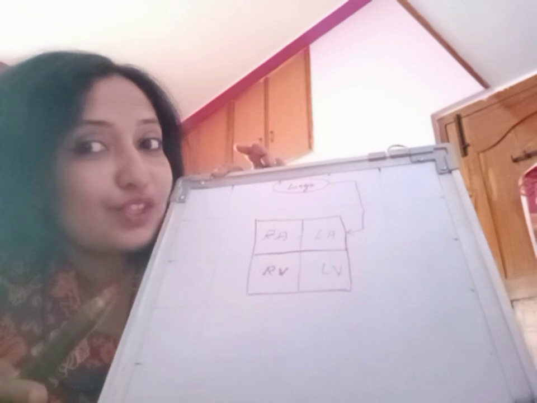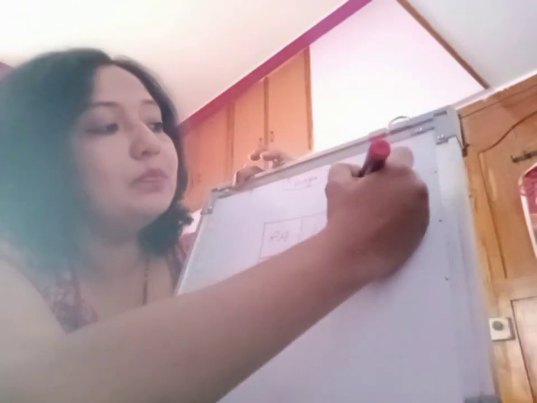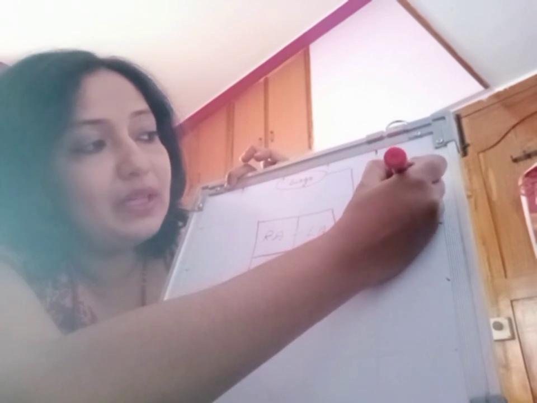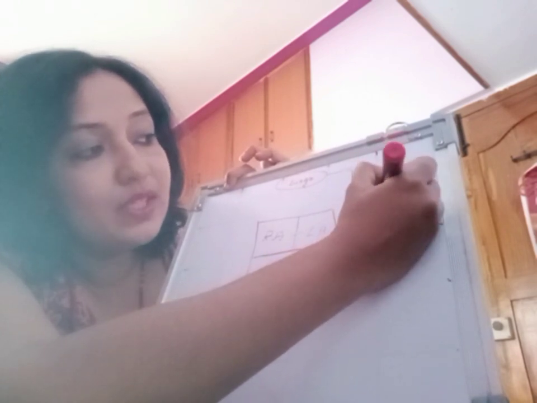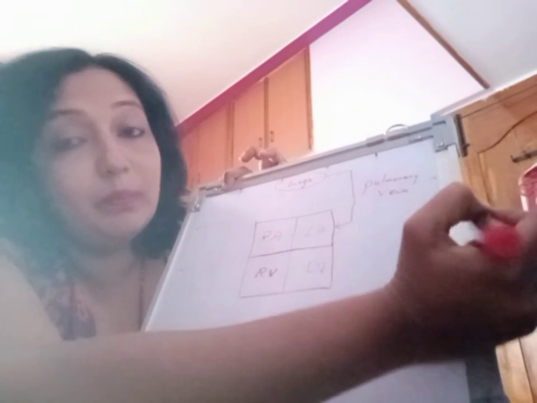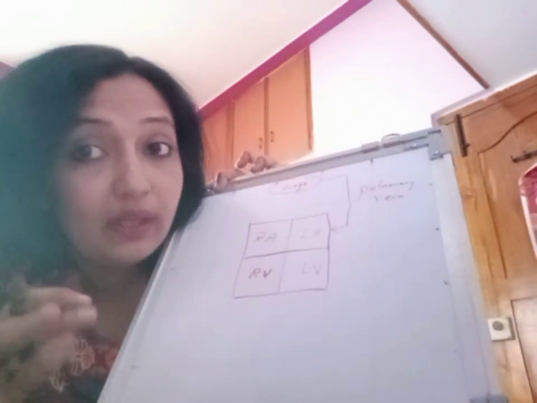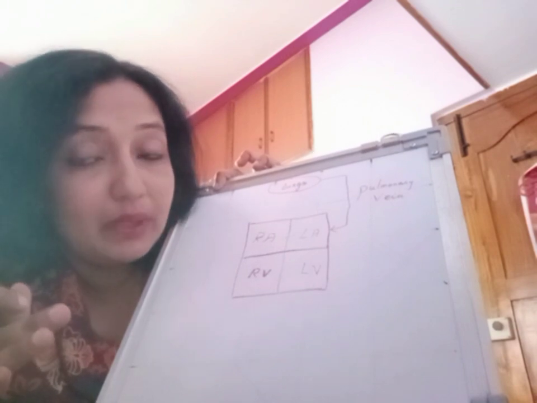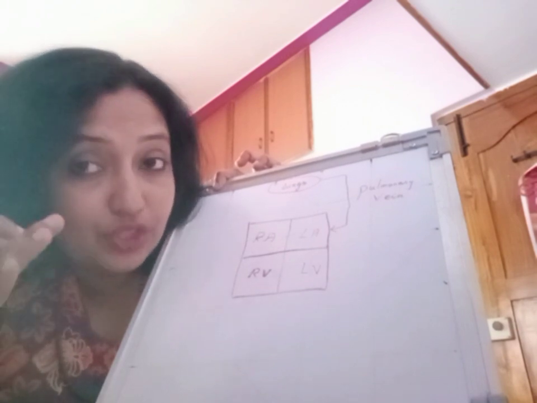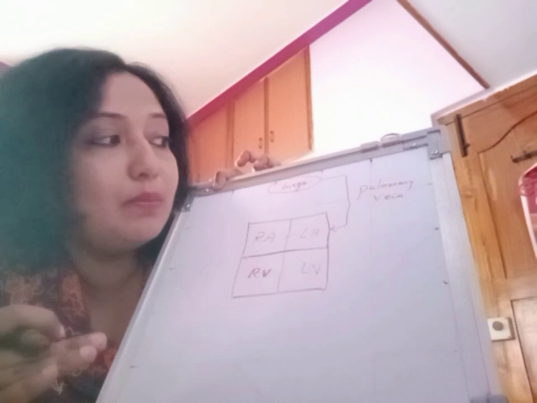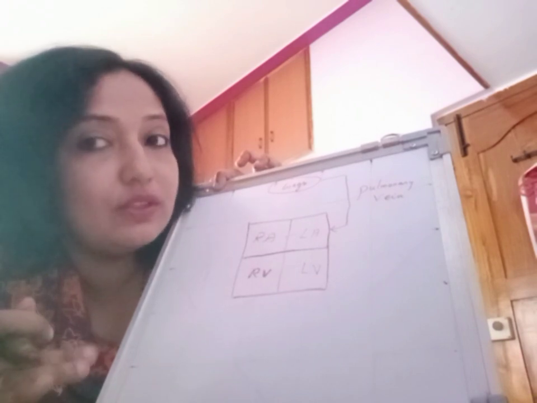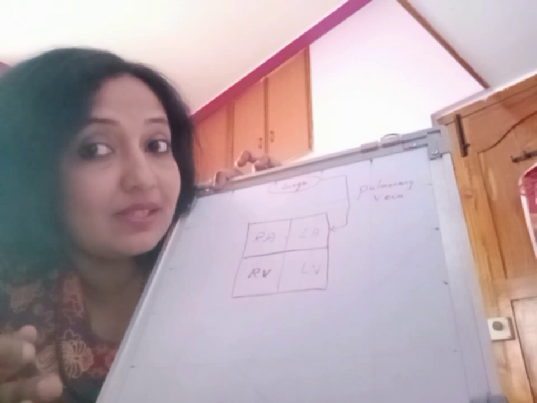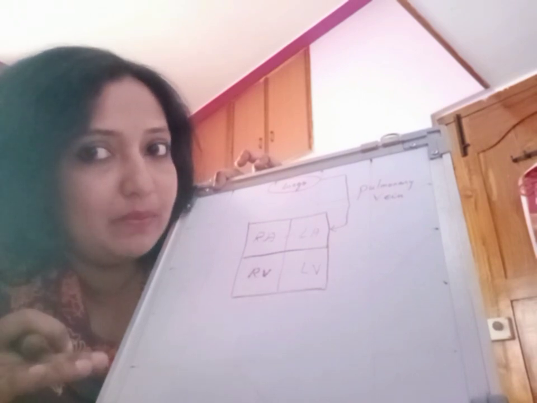Through which? Through the pulmonary vein. It is the only vein which transports oxygenated blood from the lungs to the left atrium, whereas all the other veins carry deoxygenated blood.